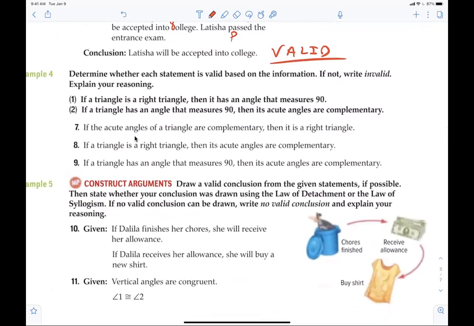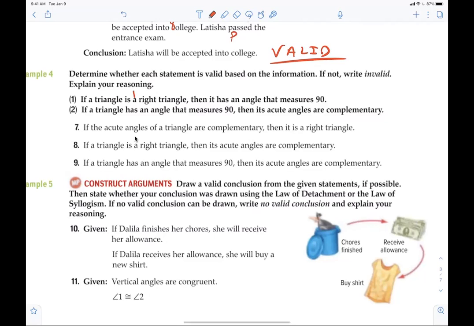If a triangle is a right triangle, then it has an angle that measures 90 degrees. If a triangle has an angle that measures 90 degrees, then its acute angles are complementary. So number 7. If the acute angles of a triangle are complementary, then it is a right triangle. So here we go.